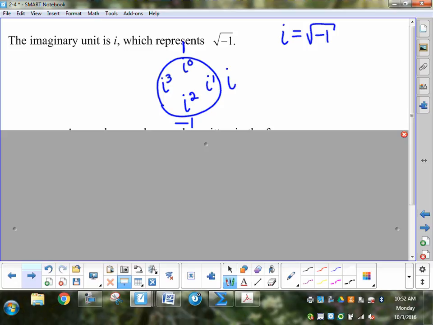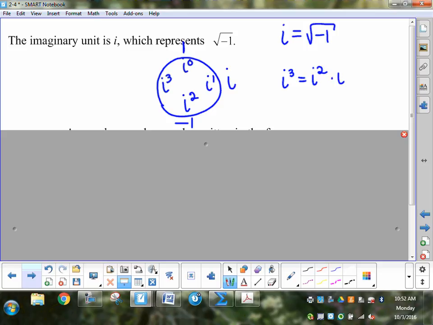Now this is the toughest one: i to the third. Does anybody know what i to the third would be? Oh, that's one way of doing it. I'll show what you're talking about.